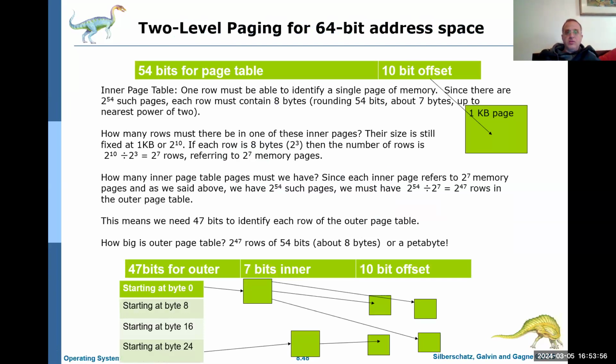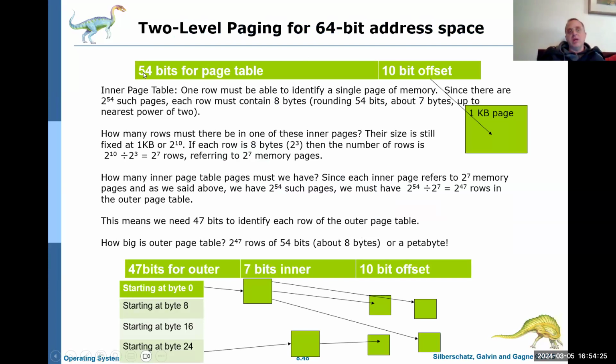All right, this I will leave to you to do at home. This is the same thing, but for a 64-bit address space. In other words, it was 32 over there. Now I'm using a much bigger address. And say I also have a 10-bit offset, then I'll have 54 bits for the page table. That's crazy large.